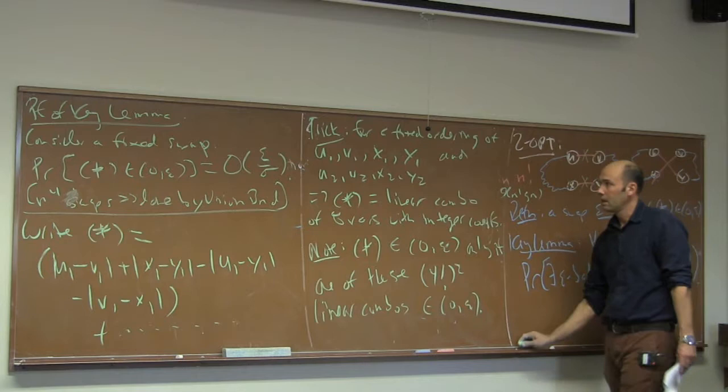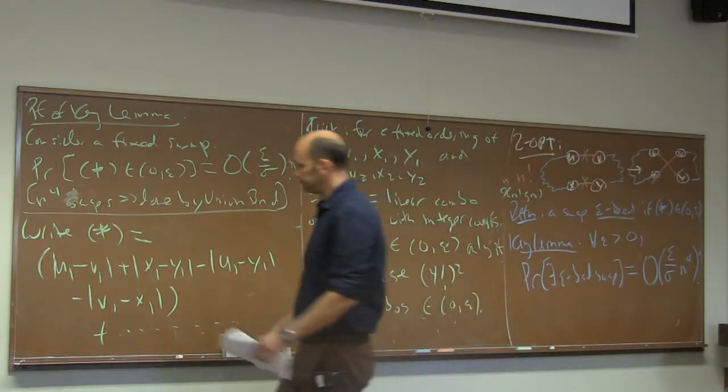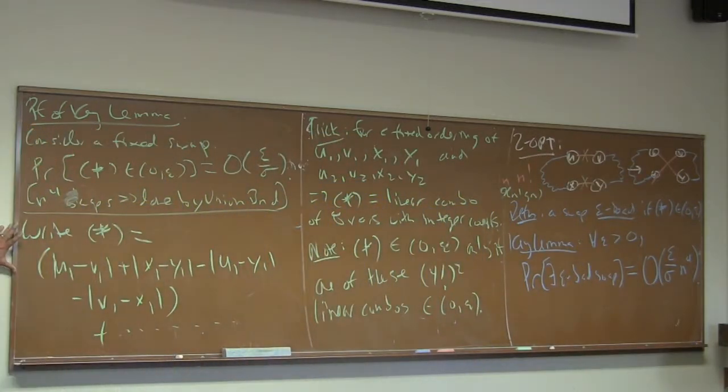Let me make sure it's clear what I'm doing. This is star, the only number we actually care about. If you substitute values for the 8 variables, you get a real number. For some instantiations of those 8 variables, you're going to get something between 0 and epsilon. For some, you won't.